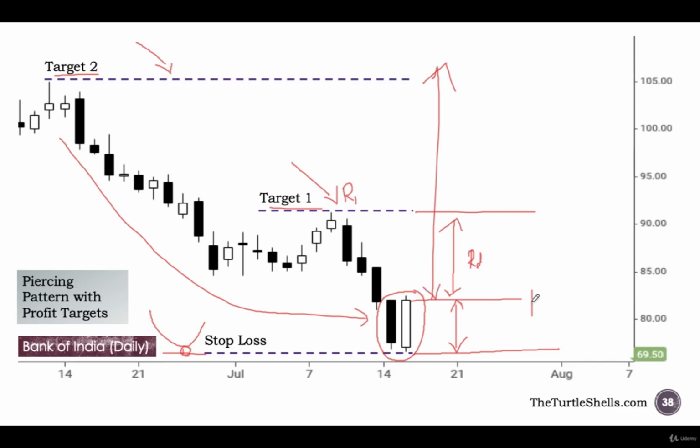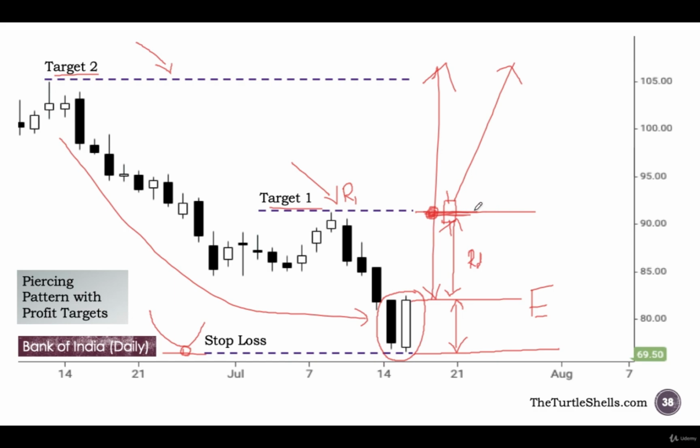So if I were to take an entry here, keep a stop loss here, I would watch what happens to the price at these levels. If it comfortably breaks this and closes above that target, then it is headed towards the second target.